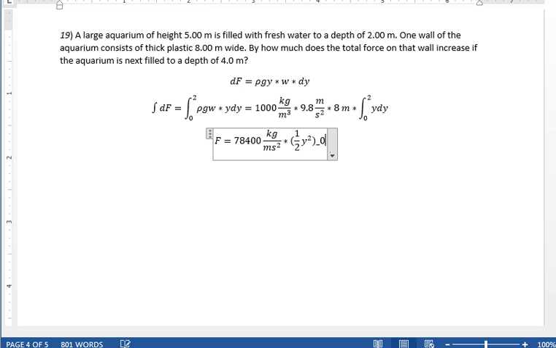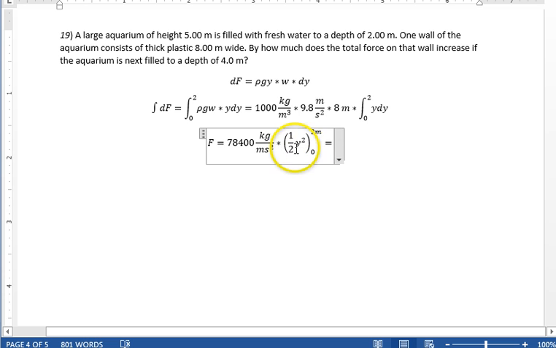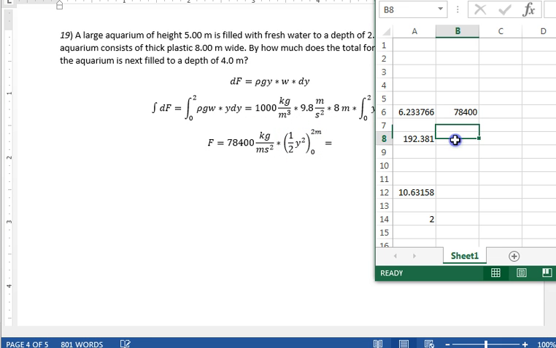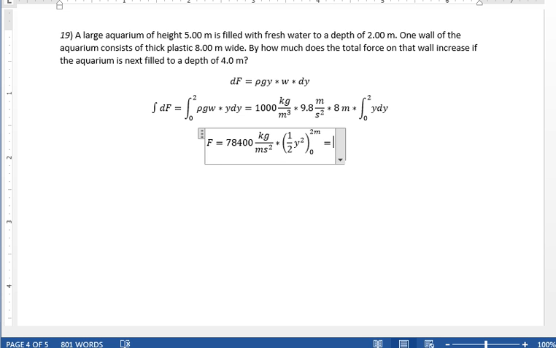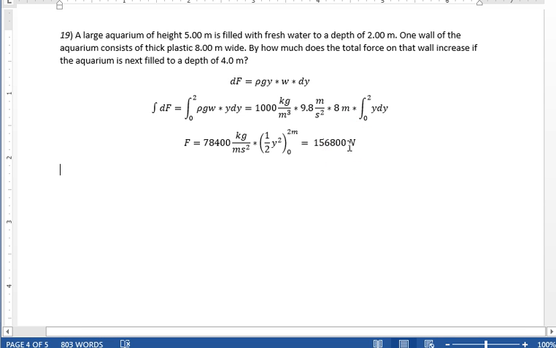The only thing that matters is the 2 meters. Half times 2 squared gives us a 2, so it equals twice this, so 156,800 newtons. So that's what we end up with when we go to 2 meters.